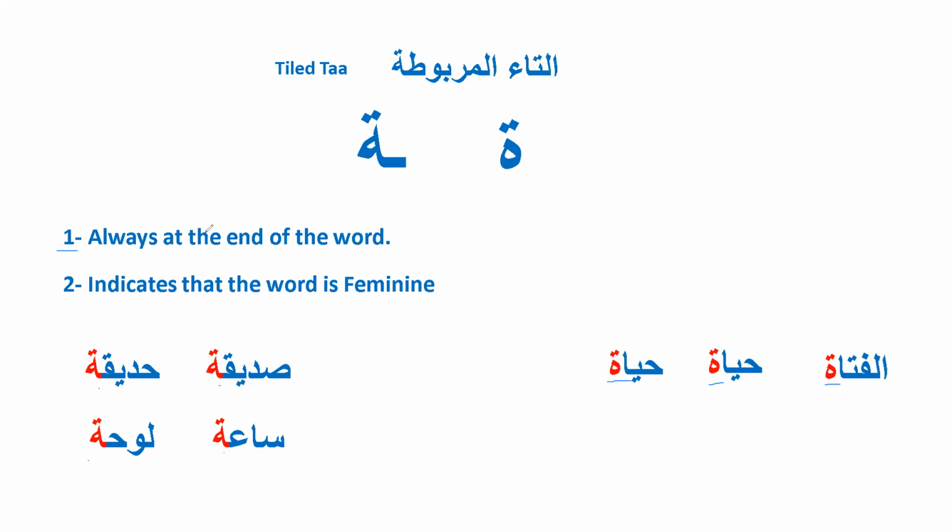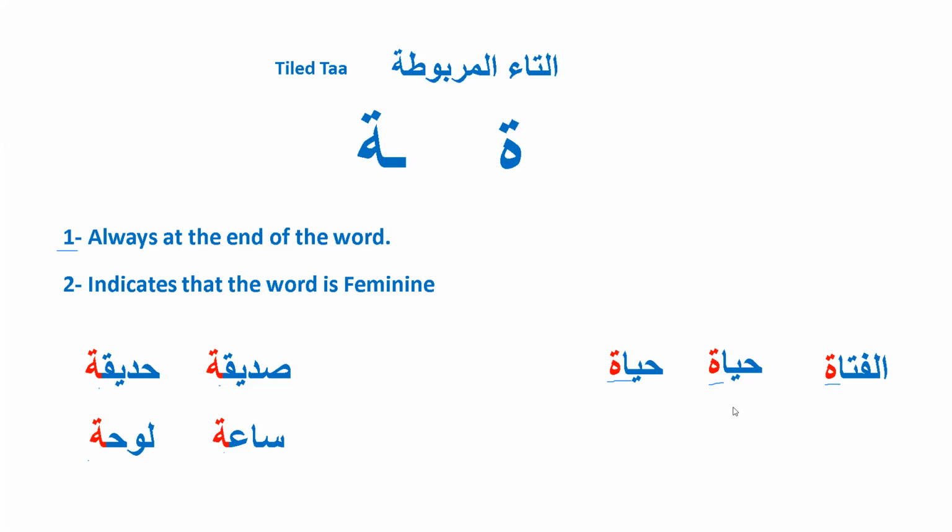Okay, number 2, it indicates that the word is feminine. So whenever you see this letter, in most cases, it means that this word is feminine gender. Okay, not masculine, feminine. So when we say al-fatat, al-fatat is feminine.